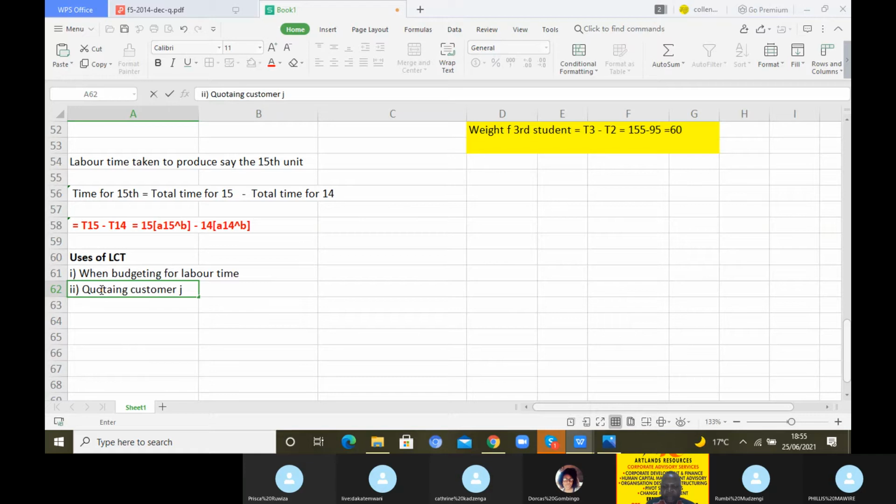Remember, if a customer comes and says, I need 16 units, and you know that labor is going to decrease, you can actually quote the job well using the projected labor times.